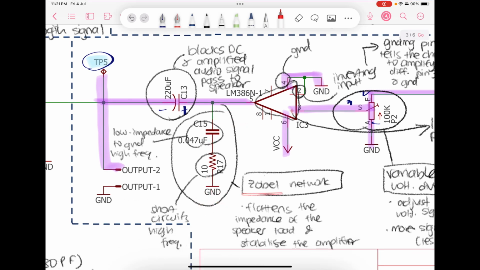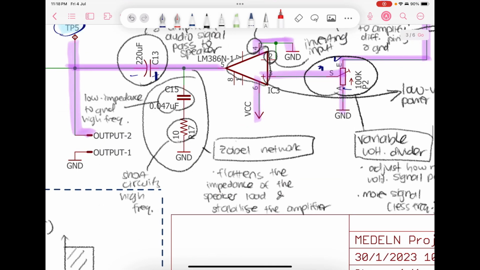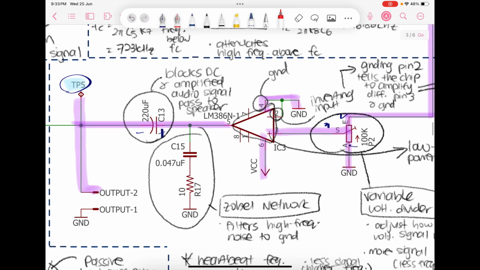So this is called the Zobel network, and it flattens the impedance of the speaker load and stabilizes the amplifier. This capacitor has low impedance to ground the high frequency. This resistor short circuits high frequency. Next, the signal will go through this capacitor and it once again blocks DC and passes the amplified audio signal to the speaker.